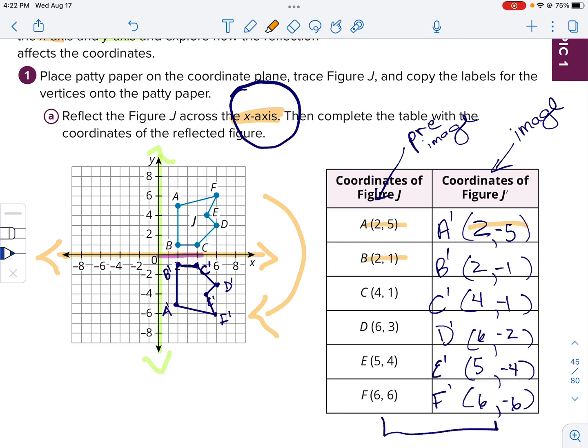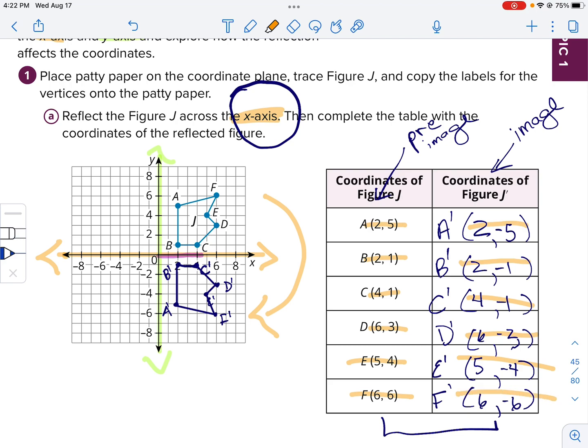I went from 2, 1 to 2, -1. 4, 1, 4, -1. 6, 3. Ooh, I messed up on this one. This is 6, -3. Yep, I messed up on that. Sorry about that. E, 5, 4, 5, -4.